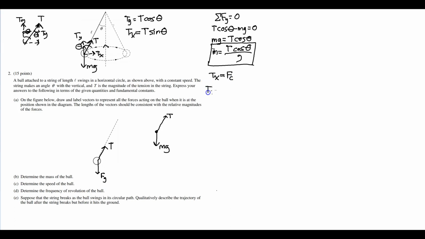That means T sine theta will equal, well, mass times acceleration. So m times centripetal acceleration, v squared over r. And we just found out that the mass is T cosine theta over g.